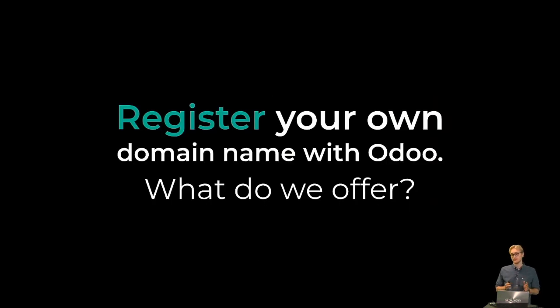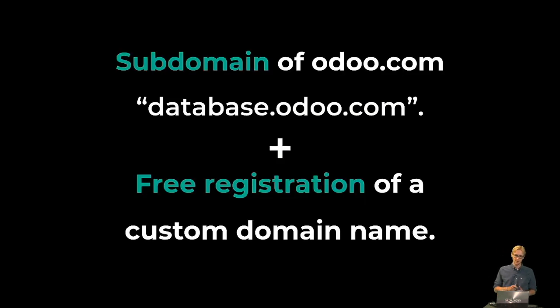So the next question is how to register your own domain name with Odoo, and actually what do we offer to do that. Until now, we offered a basic subdomain of odoo.com, which was constructed as follows: your database name .odoo.com. But if you wanted to use a custom domain name, you still had to register and manage it on the side.